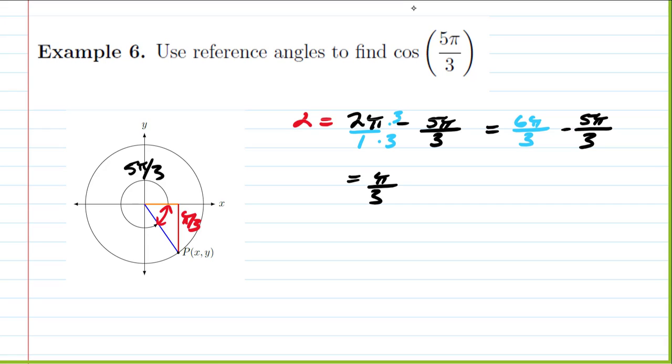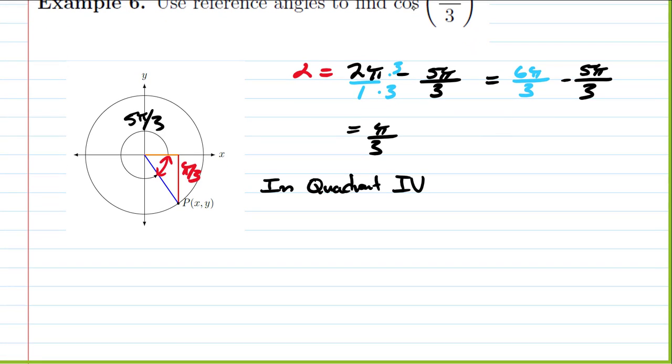So then in quadrant 4, y is negative and x is positive.